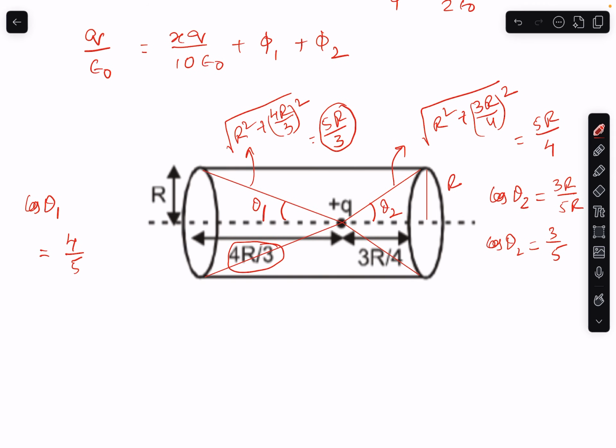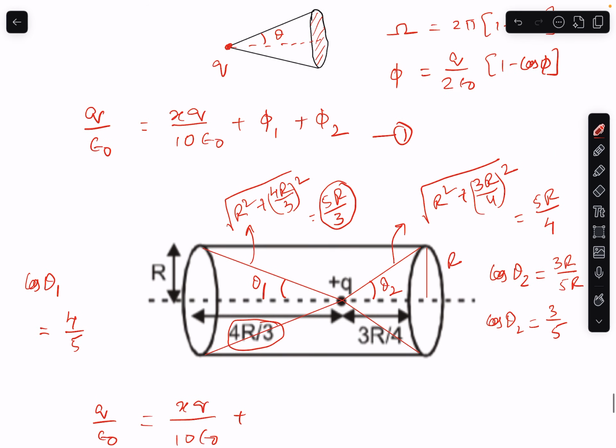From the first equation, let us proceed. We can write Q/ε₀ equal to x times Q/10ε₀ plus Φ₁.